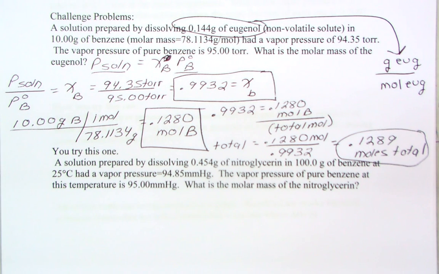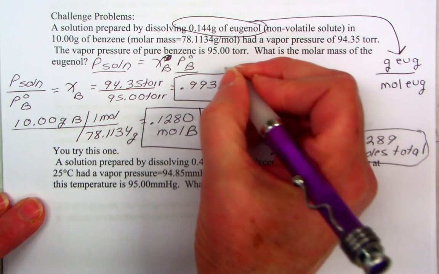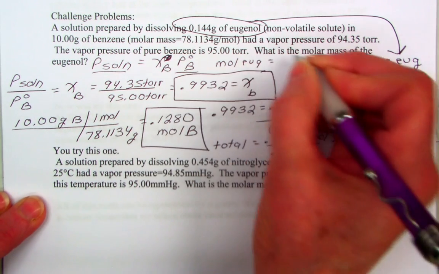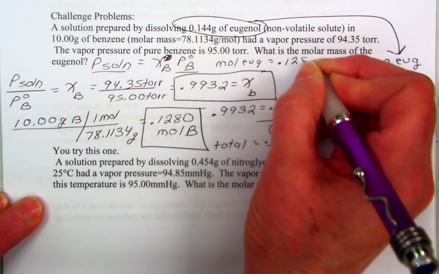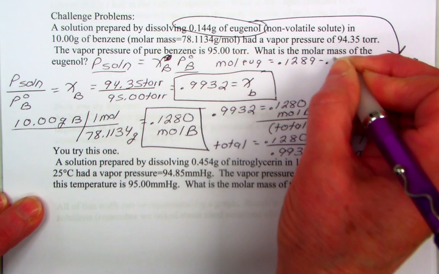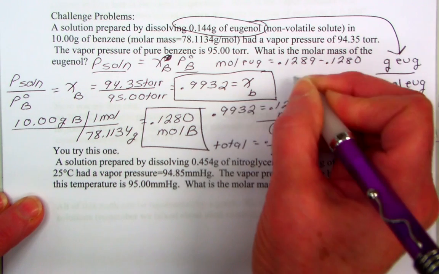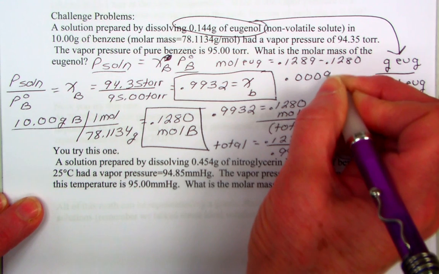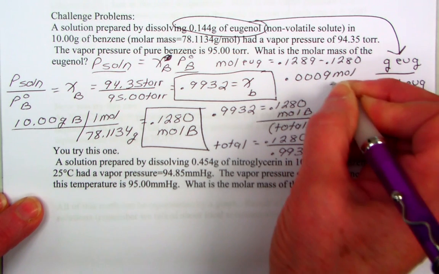How can I use the total moles and the moles of benzene to get the moles of eugenol? Subtract. So the moles of eugenol is equal to 0.1289 moles minus 0.1280. So I have 0.0009 moles of eugenol.